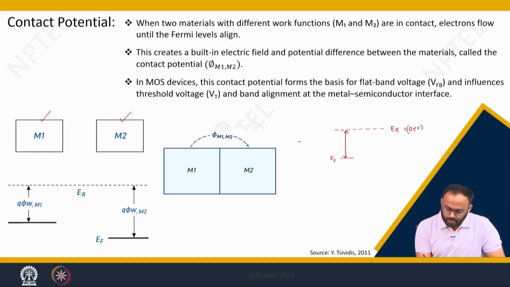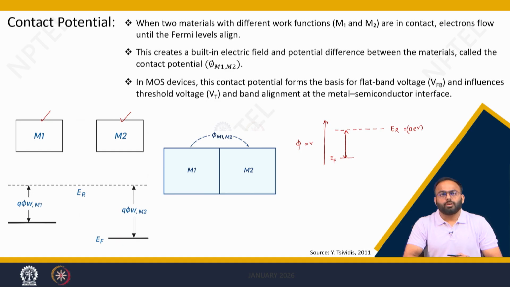Generally, the work function is represented in terms of volts, but as we know, the potential energy and the potential of an electron can be represented in opposite ways because of the negative charge, minus q. So, this work function can be represented as q times phi m1 or m2.